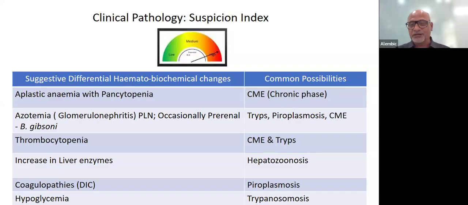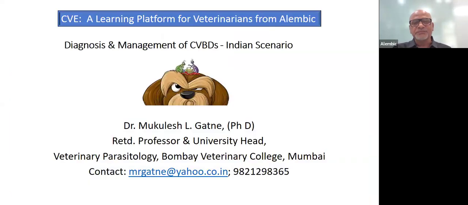And hypoglycemia, because these trypanosomes, when they are multiplying in the blood, utilize blood glucose. Not only that, but they also affect gluconeogenesis adversely, that is, production of glucose from non-carbohydrate sources. That is also affected, and as a result there is hypoglycemia in trypanosomosis cases.